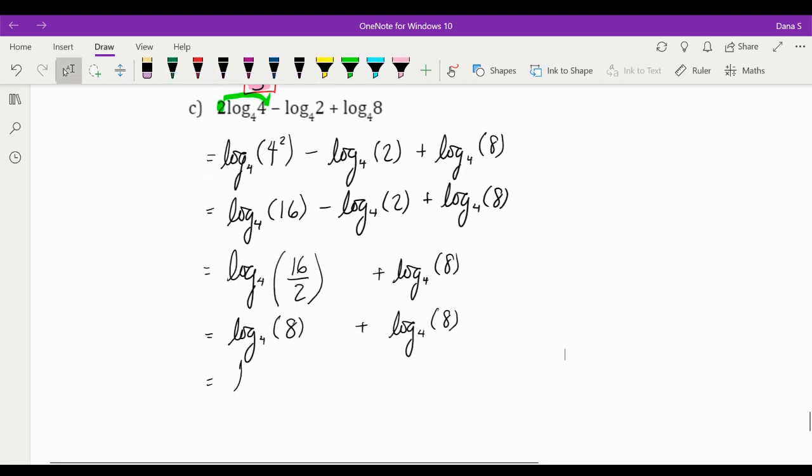Now we would use the product law of logarithms, which tells us that the sum of two logs is equal to the logarithm of the product. So this gives us log base 4 of 64. This would be simplified.